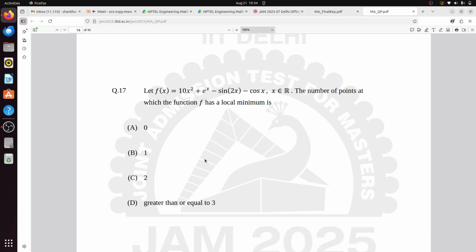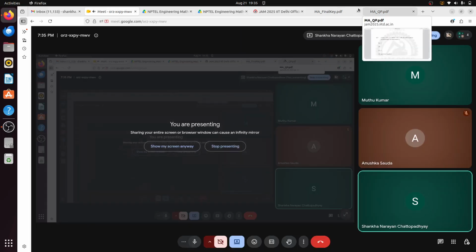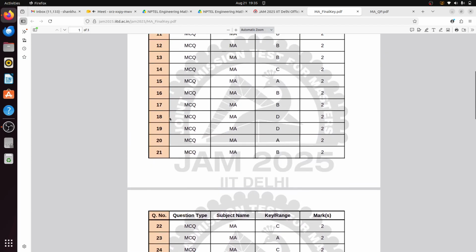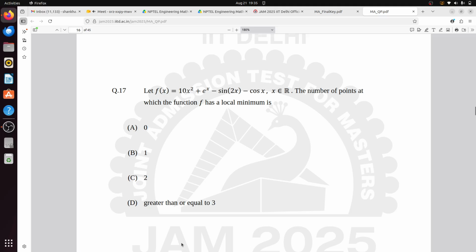How will sin 2x minus cos x look? It will actually look like a wave, and that will make this function also wavy. So that means 17, the answer will be D. Maybe, I do not know, but 17, the answer should be D. Yes, no. 17, the answer is B. Why 17? The answer is B.